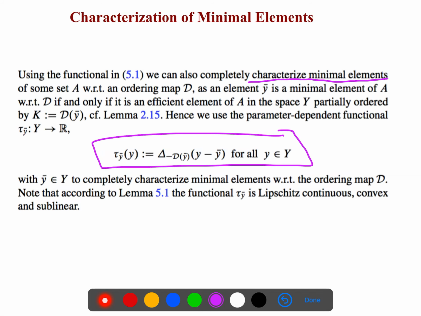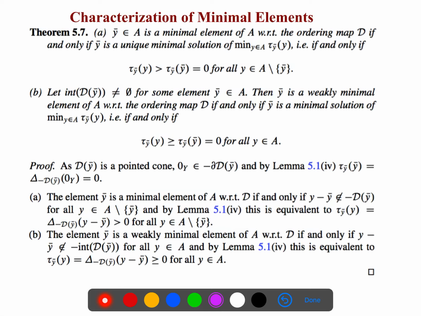So it's a nonlinear functional, and again, the minimum of this functional corresponds to the unique minimal solution of this minimization. And so we have found a functional such that if we minimize it, we can find at which point it is a minimal element.